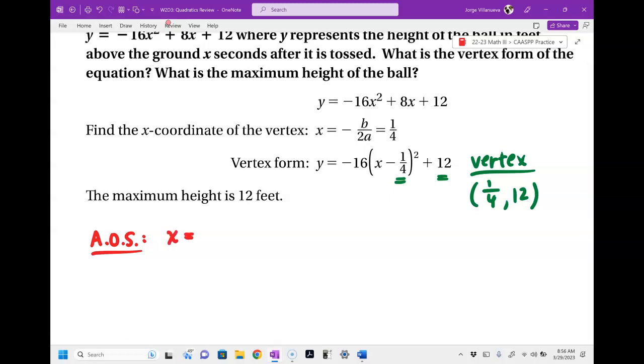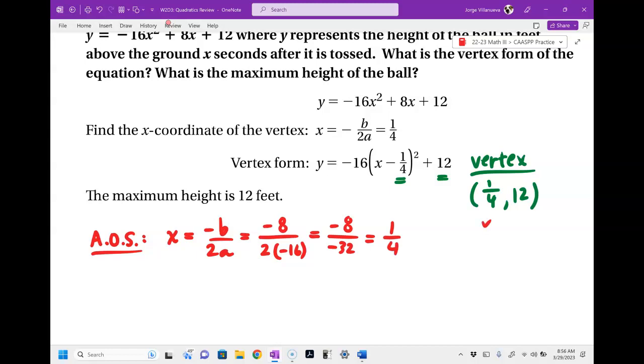So x is equal to -b over 2a. b is 8, so -8 over 2 times a, which would be -16. All right. That becomes -8 over -32, which is positive 1/4.